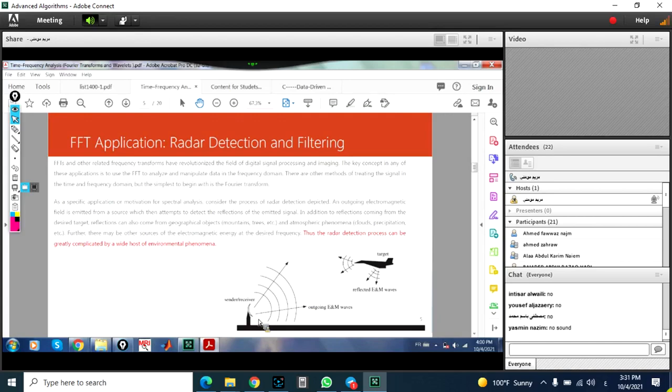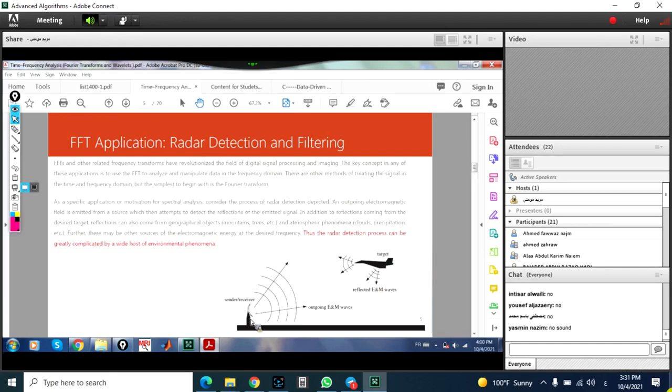Please imagine a radar here. This radar sends, for instance, electromagnetic waves to try to detect this airplane.